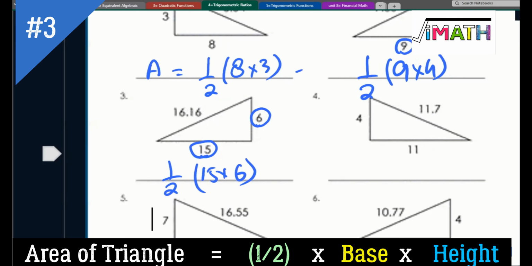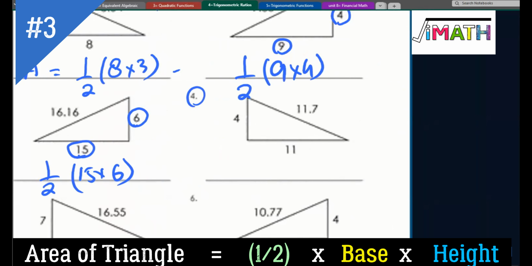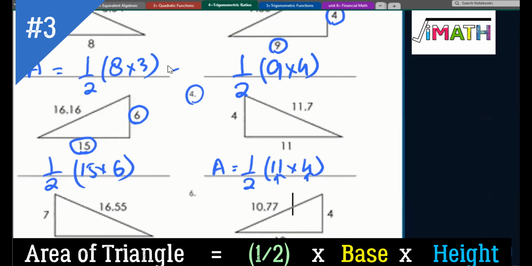So what do you think about the question 4? 11 multiplied by 4 divided by 2. Perfect. So it's base height divided by 2.